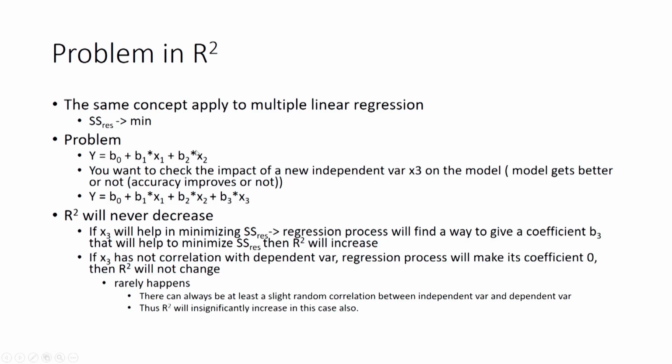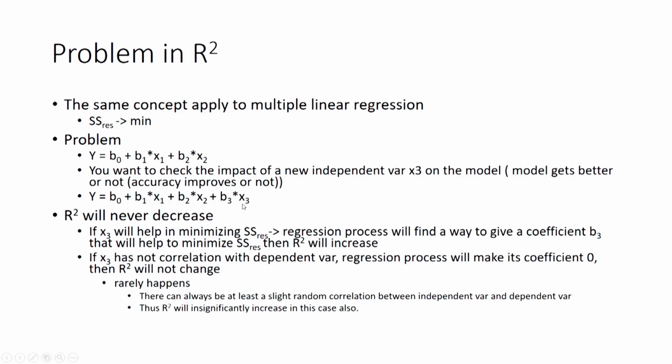So, as per R square, we can train the first model y is equal to b naught plus b1 x1 plus b2 x2, and then train another model y is equal to b naught plus b1 x1 plus b2 x2 plus b3 x3. So, it means we added one more feature here, and then we will calculate R square of each model.